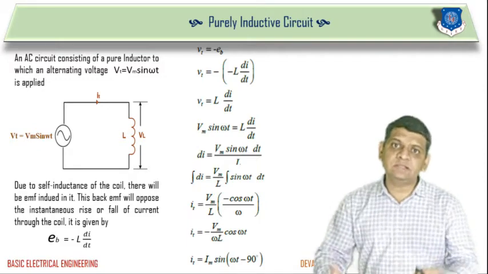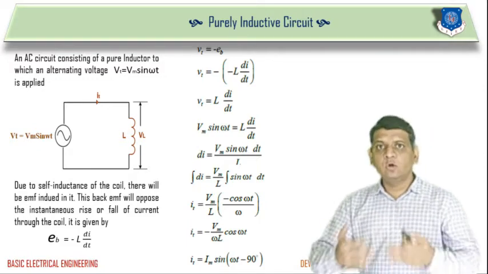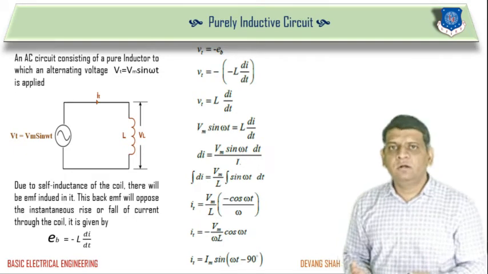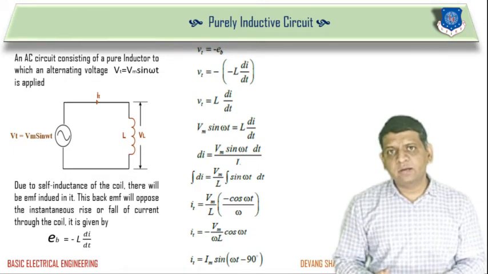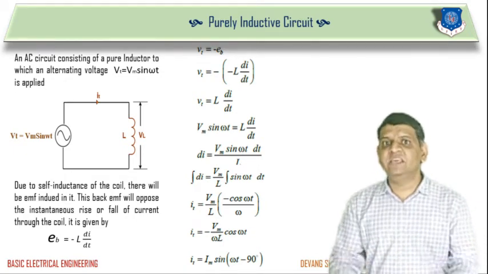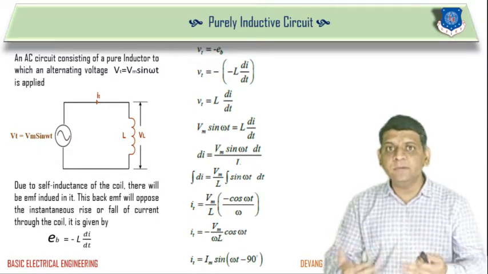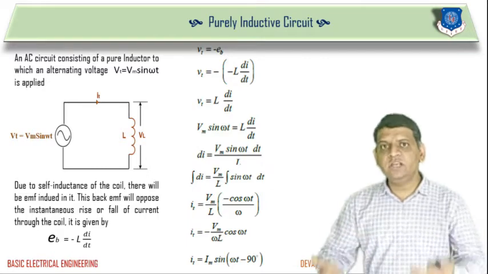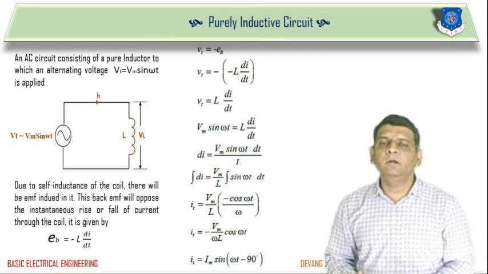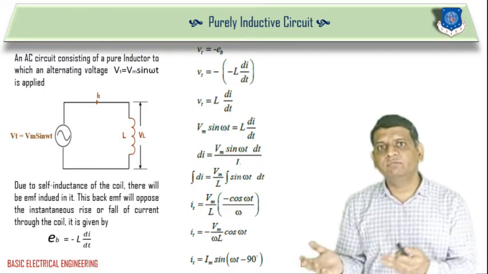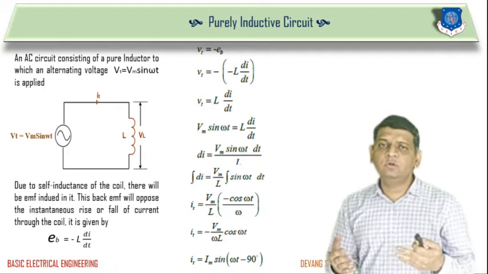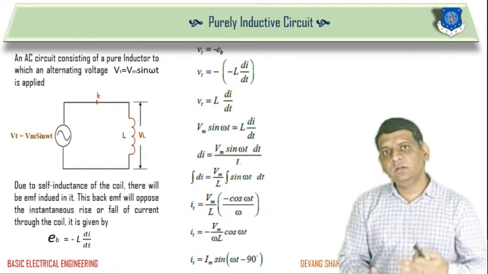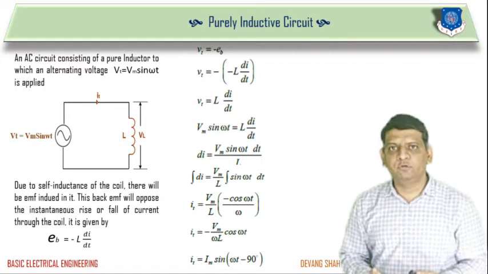Now once you apply the AC signal to this inductor, right, across the inductor there is Faraday's law of electromagnetic induction, so that will induce a back EMF, and that back EMF is represented as EB is equal to minus L into dI by dt. Induced EMF is nothing but in the opposite direction of the applied force.